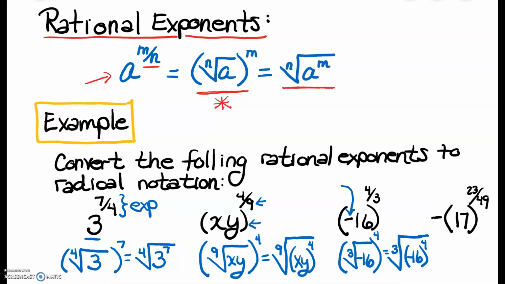And our last example, I'm going to have to squeeze this in, has our negative sign on the outside of parentheses, so it is not going to be inside the radical at all.